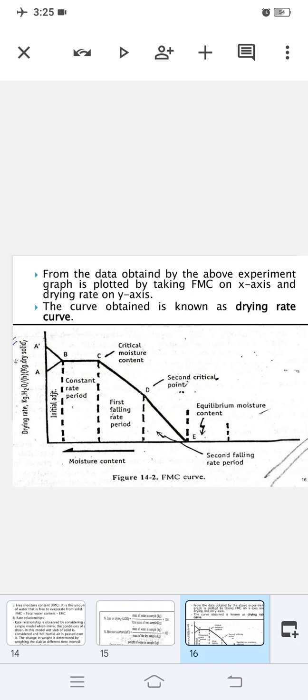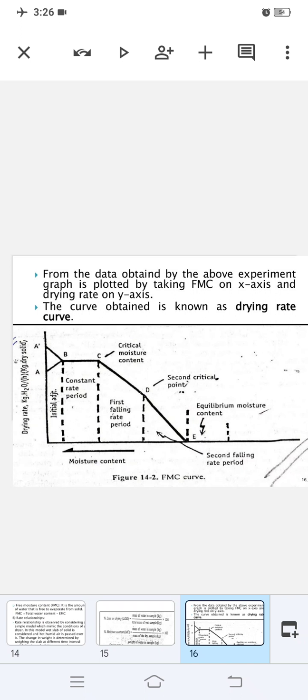The rate of diffusion is equal to the rate of evaporation, and the moisture content at the end of the constant rate period, that is point C, is referred to as the critical moisture content. That's why B to C is known as the constant rate period.